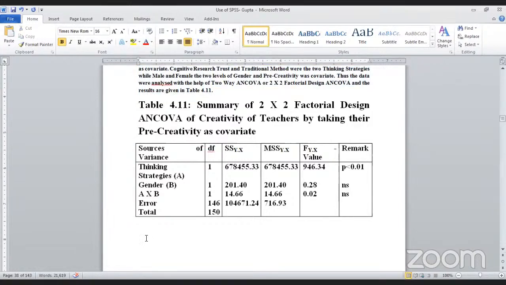Now I have to write the interpretation. 4.11.1.